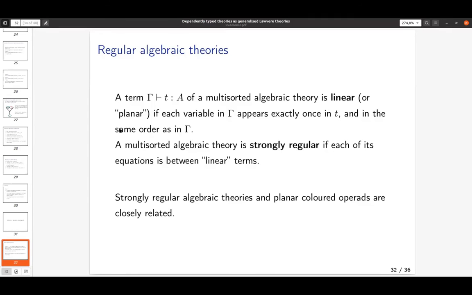But to begin with, if one looks at a term of a multi-sorted algebraic theory, one can say that a term t in the context gamma and whose sort is A is linear if each variable of the context gamma appears exactly once in t and in the same order as in gamma, right? That's what I'll say is linear. This may be slightly stronger than what some people think of as linear. So if you don't think of this as linear, think of it as planar.